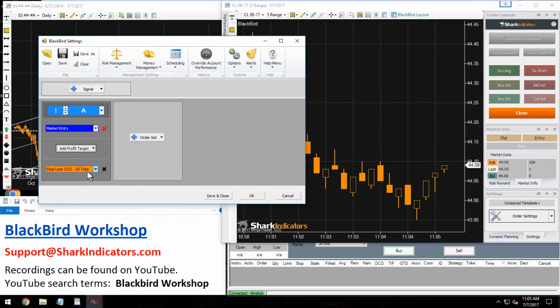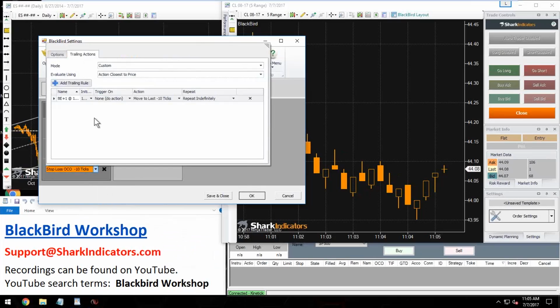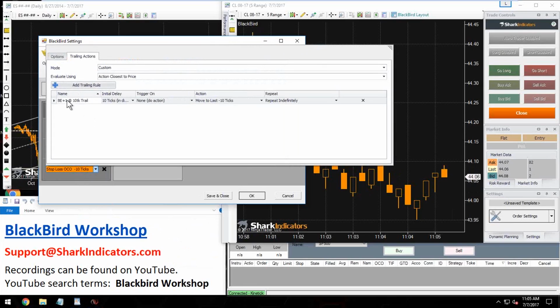All right, now this trailing rule does not use any indicators. So this trailing rule is going to update on a tick-by-tick basis because there's no indicators involved. So there's nothing in this trailing rule that is affected by the calculate on bar close setting. Right, so this initial delay is just counting ticks.